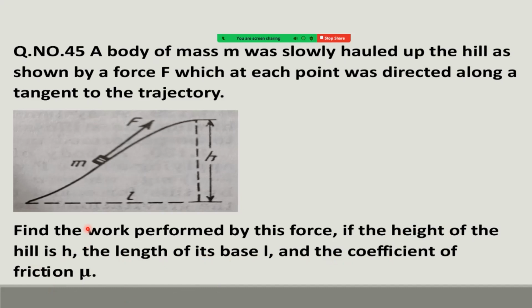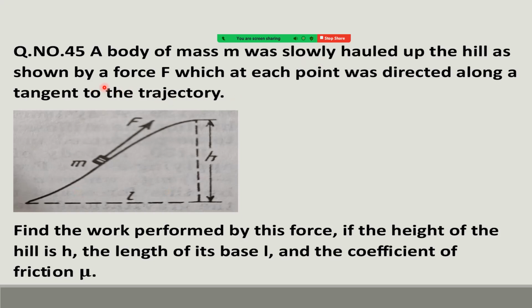Now see carefully the key points in this one. It was taken slowly. Slowly means speed almost zero. That means we can take delta K equal to 0. Delta K zero means we can now use the work energy theorem. It is taken slowly, so speed is not changing, at the same time speed is almost 0.